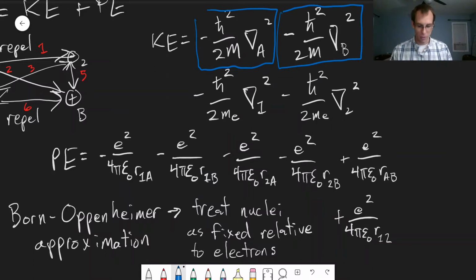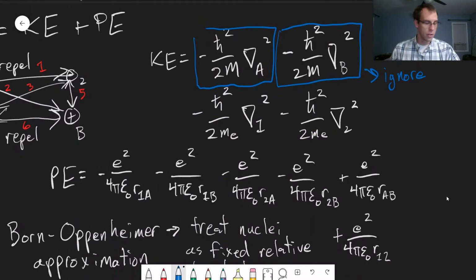So to a first approximation, we ignore the motion of the nuclei and just worry about the electrons. And so then all of our terms involving electrons, now there's still a lot of them, are the things that we need to solve. So all of our other terms that we have involving electrons are what we need to solve.